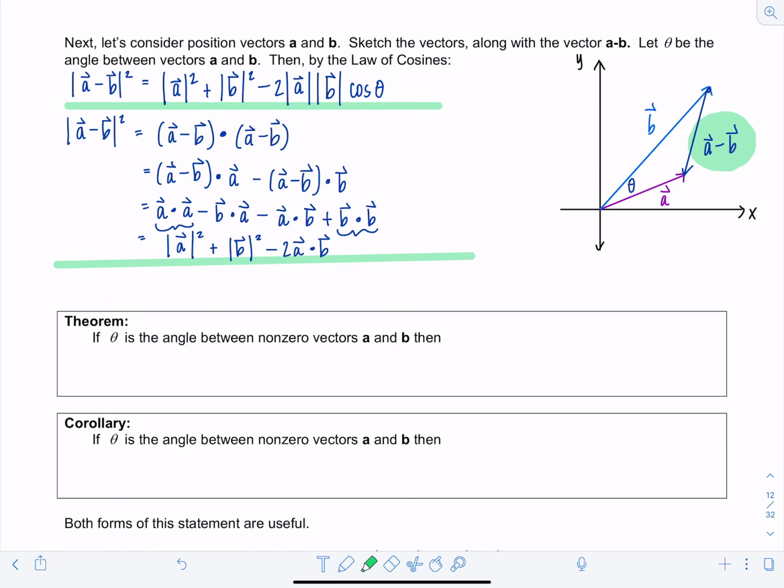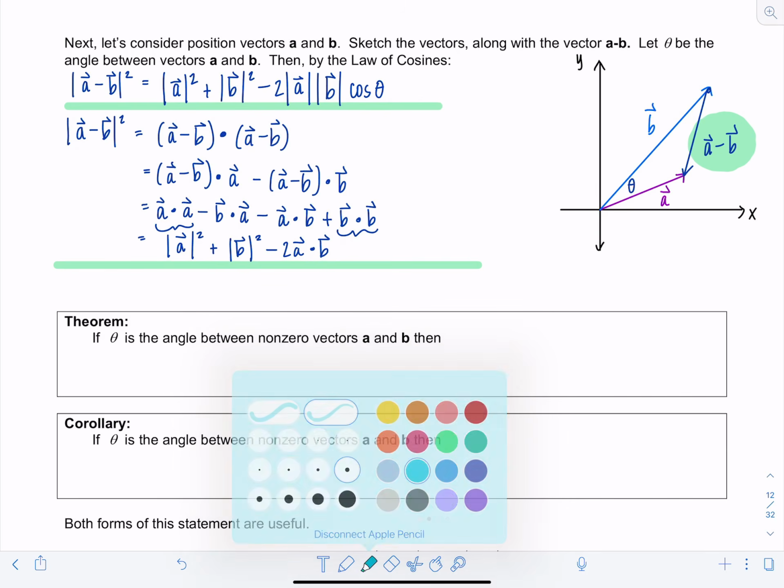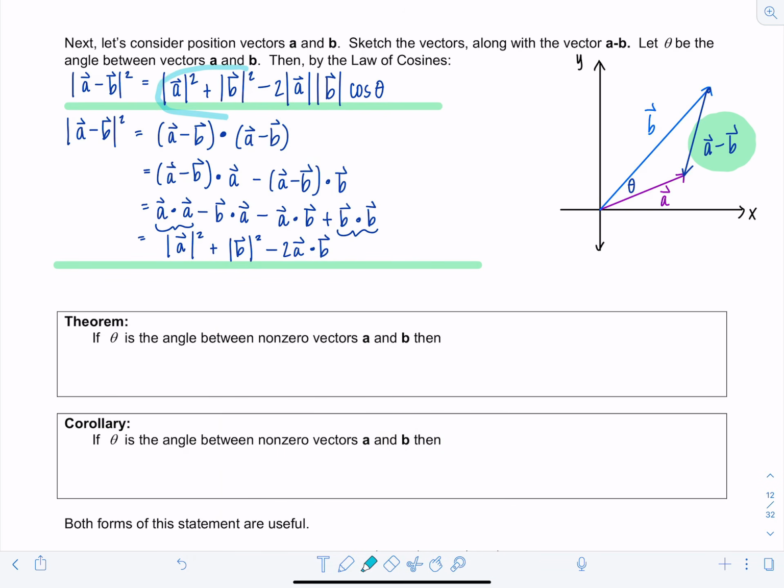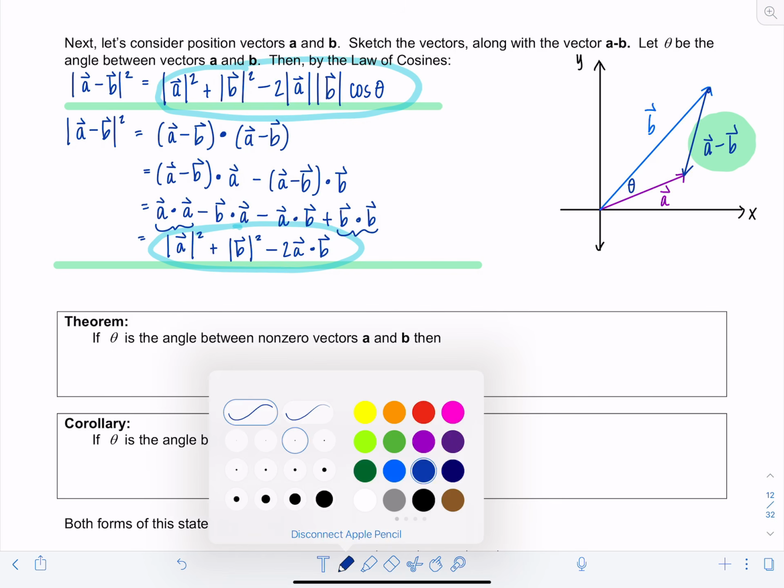That was also equal to magnitude of A minus B squared, correct? So I can set them equal to each other, meaning I can set this expression equal to this expression. What will we have if we do that?